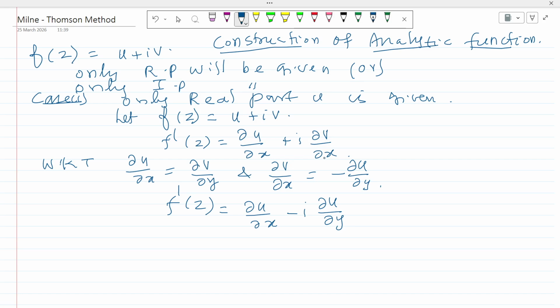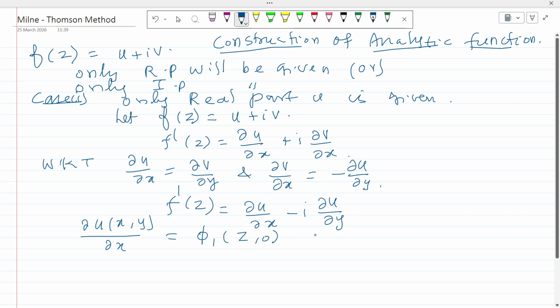Since dou v by dou x is minus dou u by dou y, substitute that in f dash of z. You will get dou u by dou x minus i dou u by dou y. Here you can write dou u of x comma y divided by dou x as phi 1 of z comma 0.